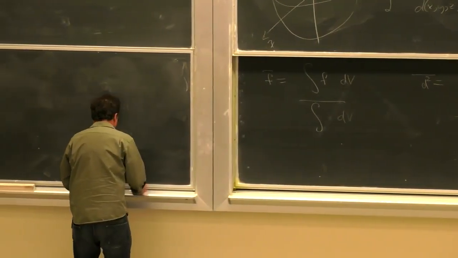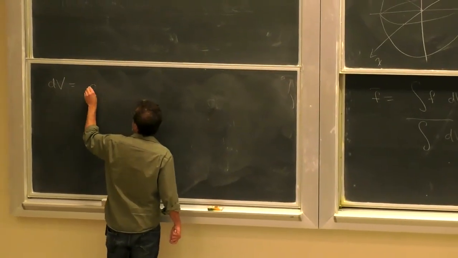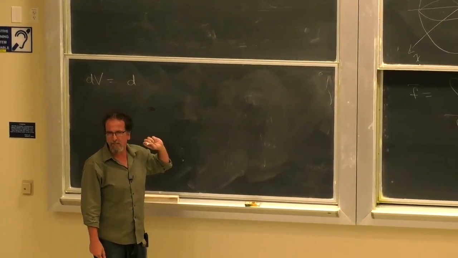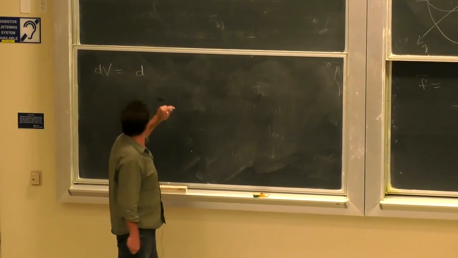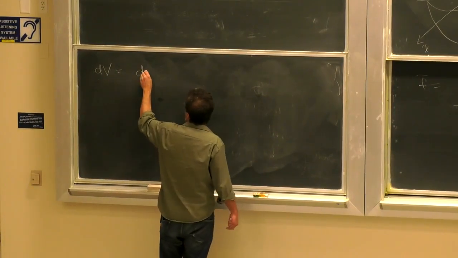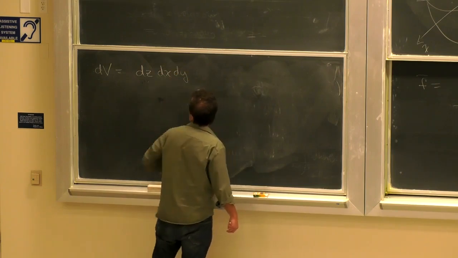I'm going to use Fubini's theorem and do the triple integral at the same time. The volume integral is actually going to be 3 iterated integrals. I'm going to do the z first, and then dx, dy.